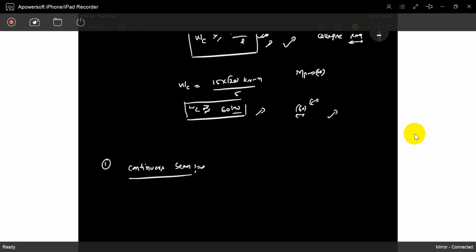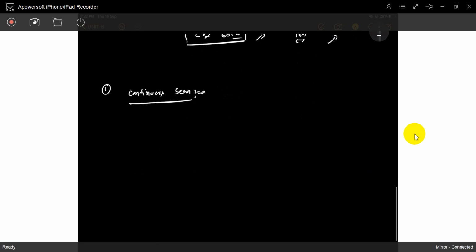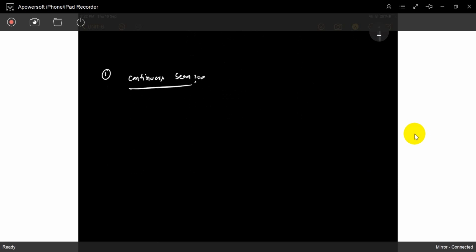Okay, now we'll see. Very small problem, first I have to take care. Later I will allow it. Continuous beams.